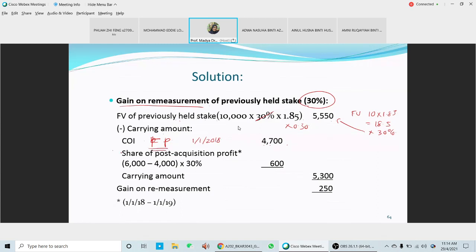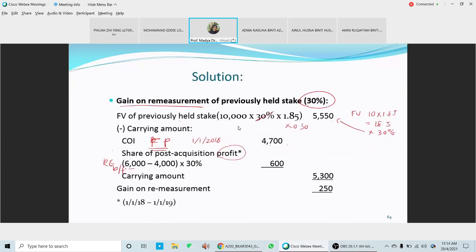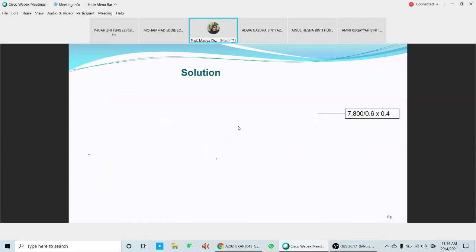This amount needs to be added to the post-acquisition profit. For post-acquisition profit, look at the RE brought forward, which here is 6 million. It's on slide 62.